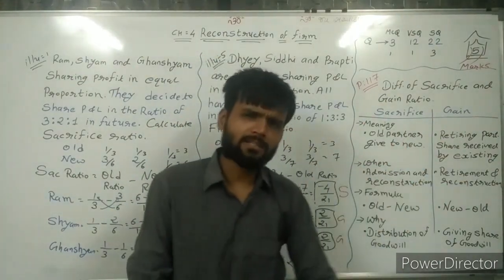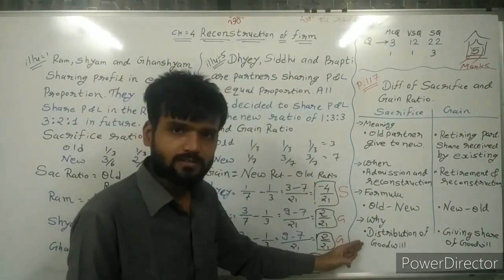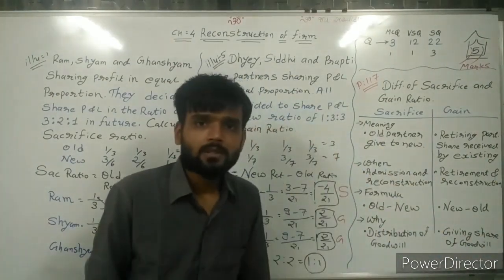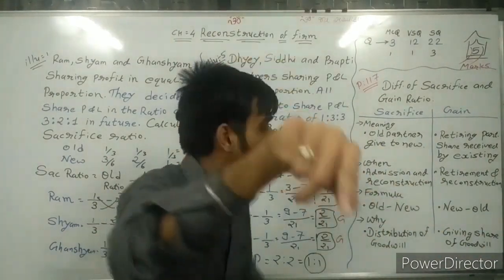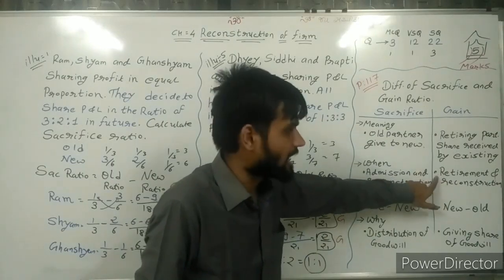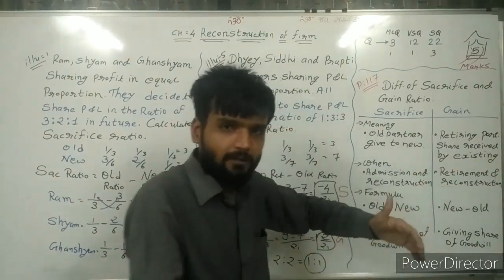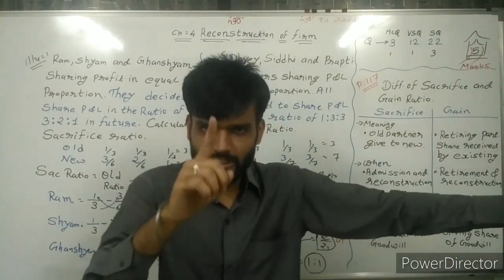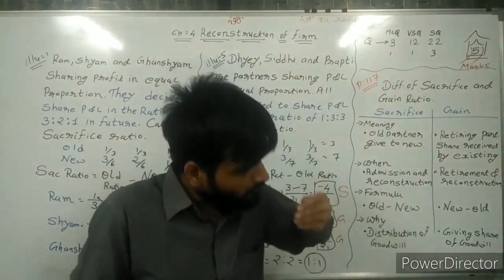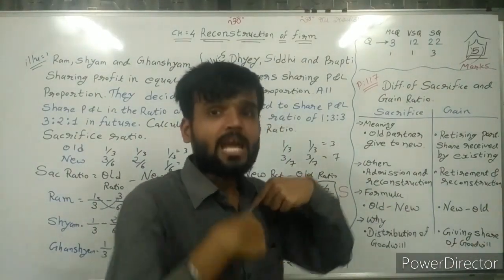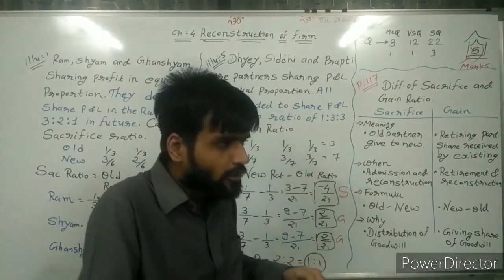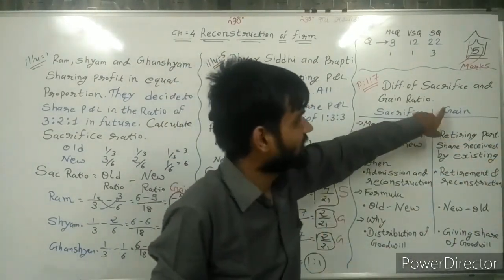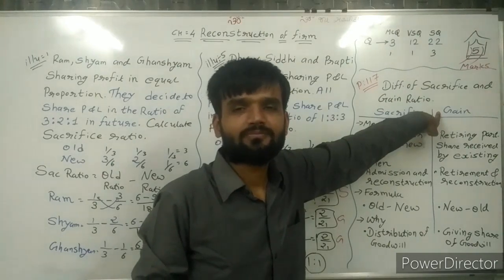Now, why gain, sir? Opposite of this. Here too it is distribution of goodwill, giving a share of goodwill. Now, to whom are we giving? When a partner retires from the partnership firm, all existing partners have to give the goodwill portion to the retiring partner, in gain ratio.